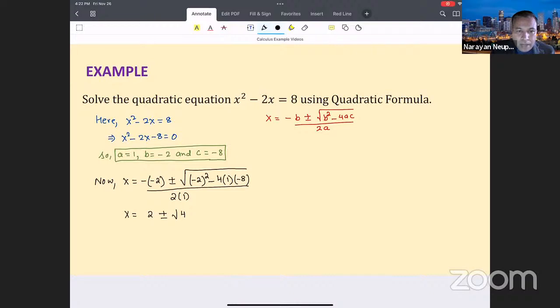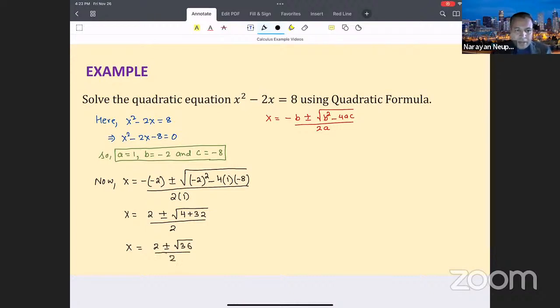Negative 4 multiplied to negative 8 is a positive 32. Positive 32 divided by 2 times 1 is a 2. So we get x equal to 2 plus or minus square root of 36, because 4 plus 32 is 36, divided by 2.